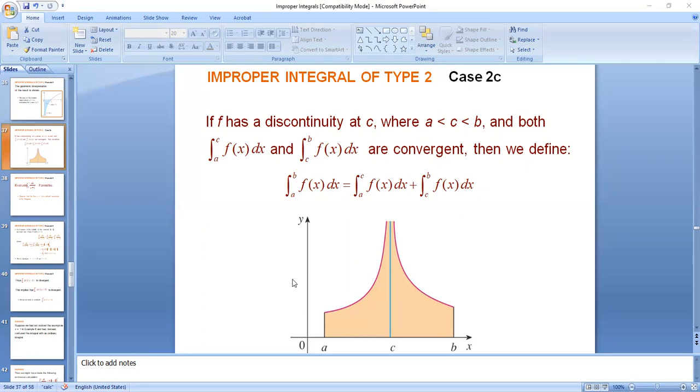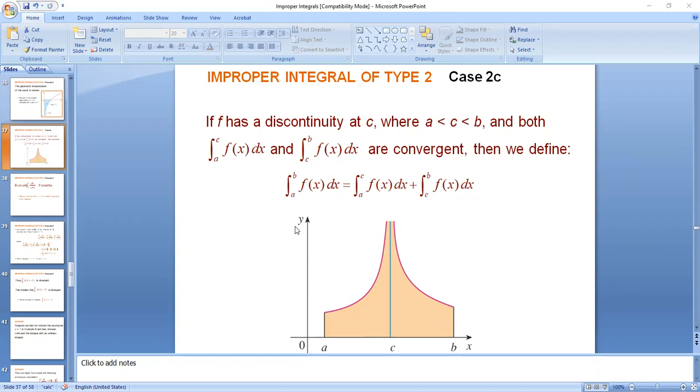This time, it's not any of the limits of integration itself wherein your function will have a discontinuity. This is even more difficult than the first two because this time, the infinite discontinuity is a value in between the lower and the upper limits.